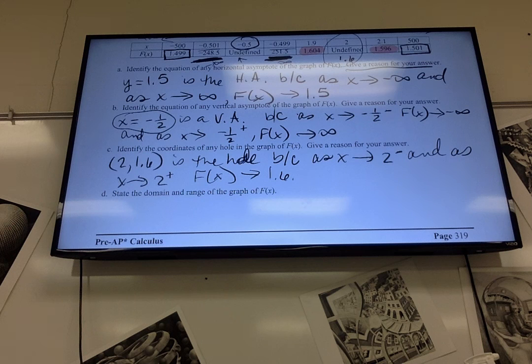So let's see. X-coordinate of the hole is 2, and the vertical asymptote is negative 1/2. So my domain is negative infinity to negative 1/2, negative 1/2 to 2, and 2 to infinity.